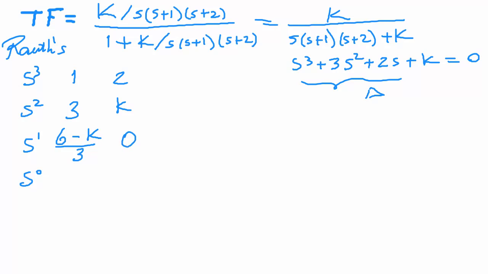That one is 0, and that is K. So the result 6 minus K over 3 should be higher than 0.